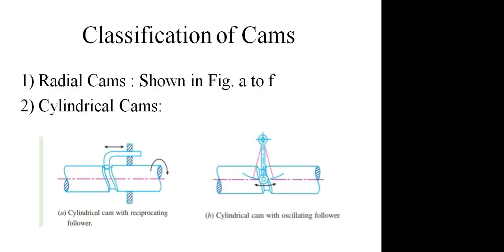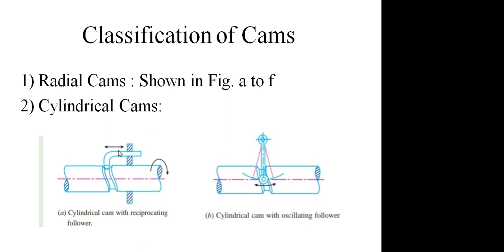The second type of cam is the cylindrical cam. Here you can see that in cylindrical cams the motion of the follower is parallel to the axis of cam. The follower rides in the groove which is provided on the cylindrical cam.